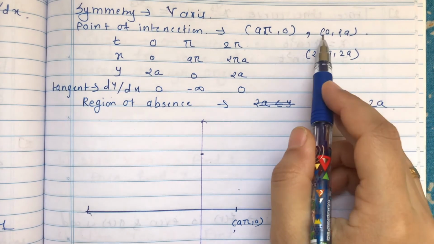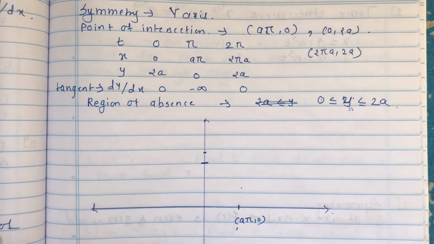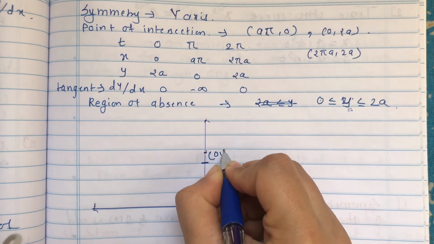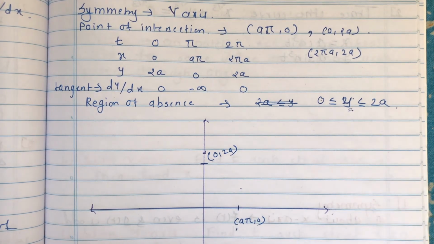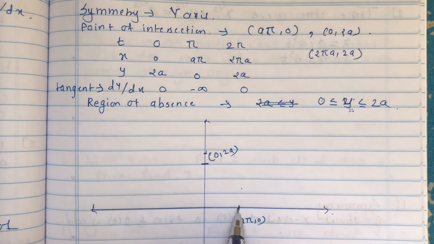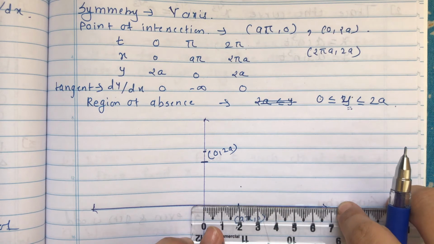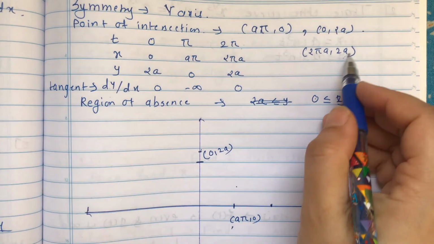Next point is 0 comma 2a, so we'll consider this as 2a distance, okay? So this is 0 comma 2a. Next point is 2 pi a comma 2a. If it is a pi distance, then double of this distance, so it is 2, so this will be 2 pi a comma 2a.